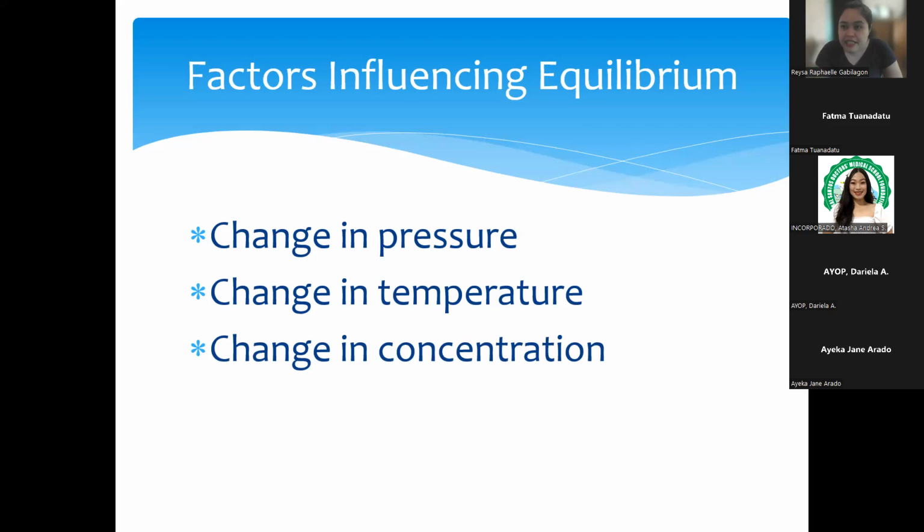Another one is change in temperature. So you have one chemical reacting with one chemical. Supposedly they will form a product, and we have forward and reverse reaction there. Supposedly there is chemical equilibrium, their rates should be equal.